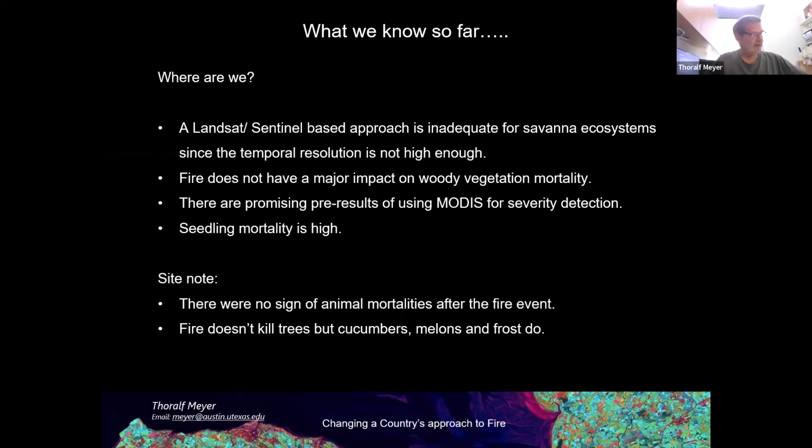I always say that in this particular system, what kills trees is melons, cucumbers, and frost, because these are creepers. The leaves of wild melons and certain types of wild cucumbers encapsulate an entire tree and take away its ability to photosynthesize.